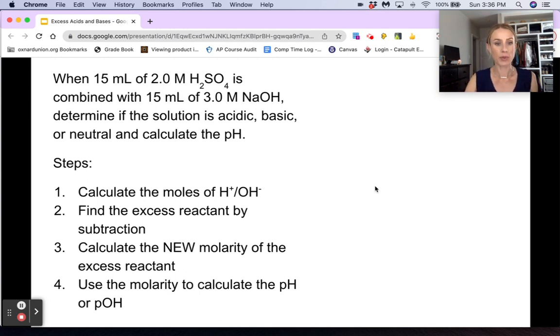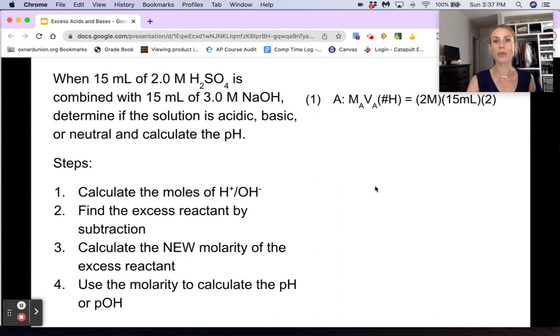So our first step is we want to calculate the number of moles of both our H plus ions and our OH minus ions. We know that the number of moles is going to be the molarity of the solution multiplied by the volume of the solution, from our molarity equation.